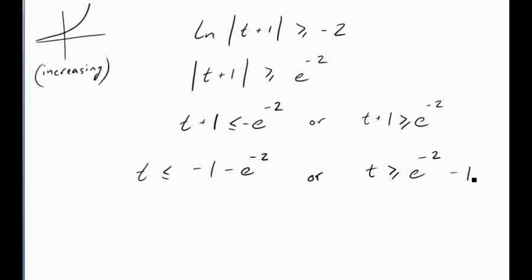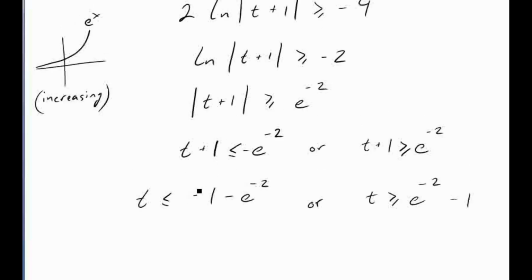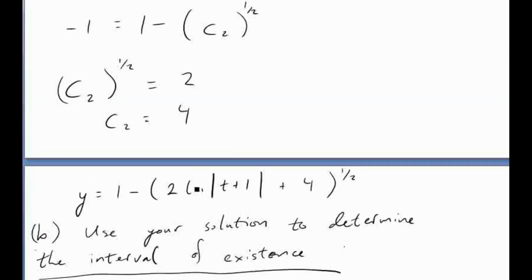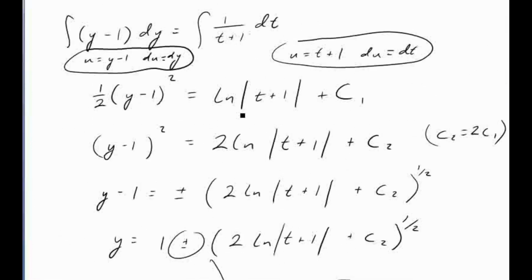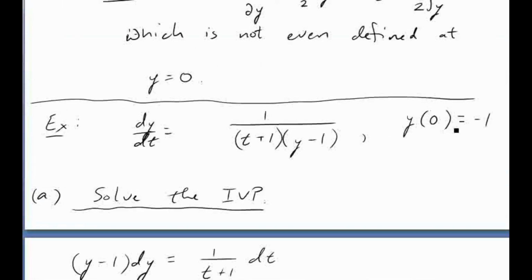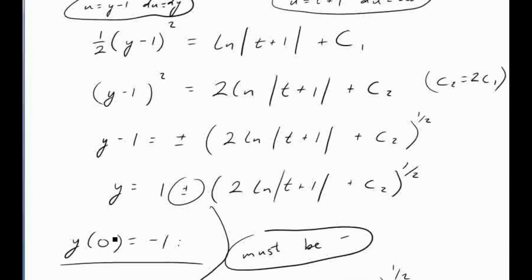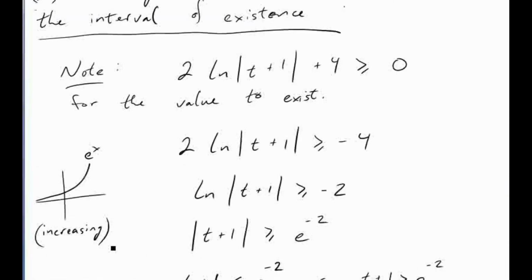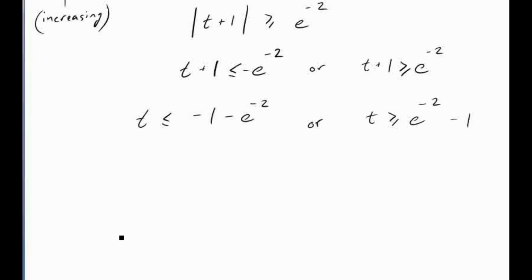So essentially, you solve each of these, and since here we know that our initial t value was t = 0, that means that we must be talking about the one that is greater than this. So e to the -2 is less than 1, just a note.